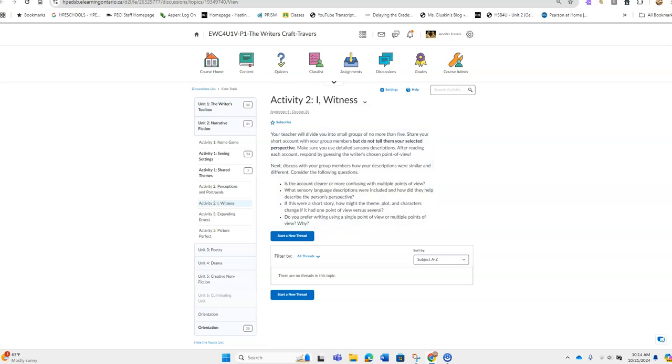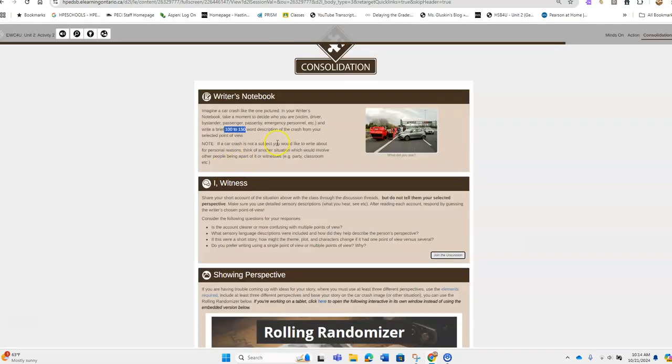So let's go through that again. The expectations are that you pick an event, and I'd recommend that we all stick with this one, just so that when you're writing it from a perspective, everyone kind of gets the gist of what it is. If you choose a different one, make sure that you state it beforehand, not necessarily the perspective, but that you're stating what the event is if it's different than this.